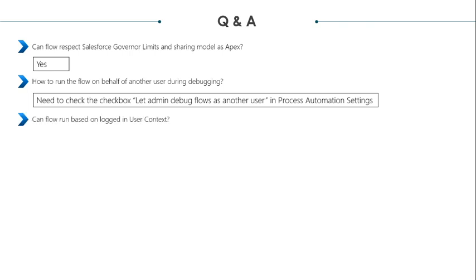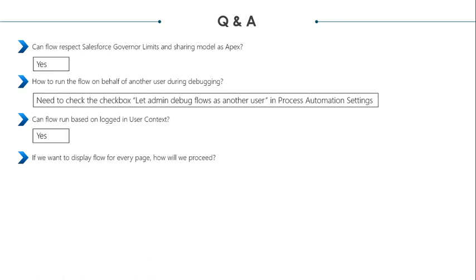Next, can flow run based on the logged-in user context? Yes, we can run the flow based on the logged-in user context using the Run Flows permission, and you will also get the Run Flow user checkbox on the user detail page.